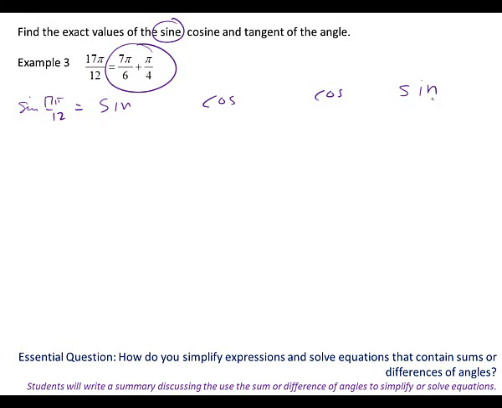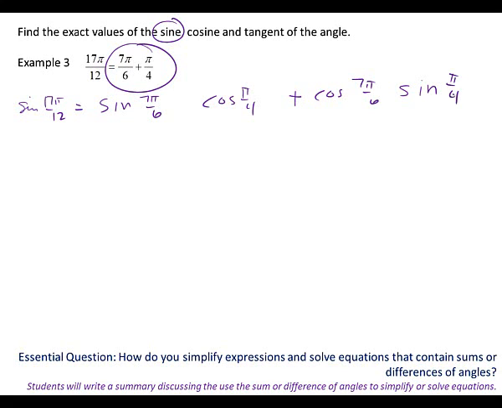So we all know when Robert starts shaking his head during the test, what problem he's on. What operational symbol do we start with? Add, because it's sine, we keep it, right? And then I'm going to plop in the 7 pi over 6 and the pi over 4, and the 7 pi over 6 and the pi over 4.